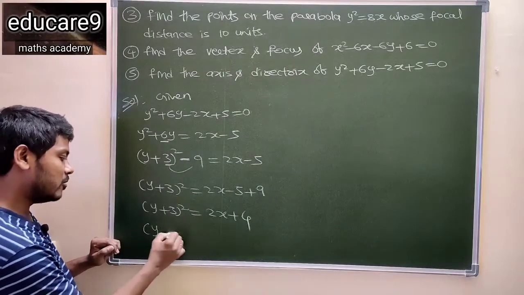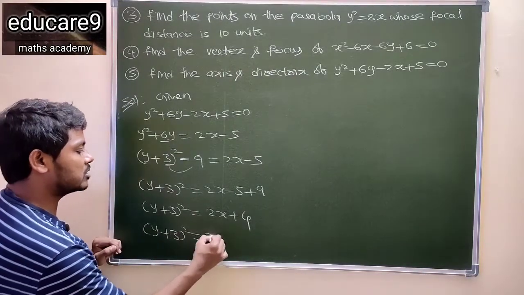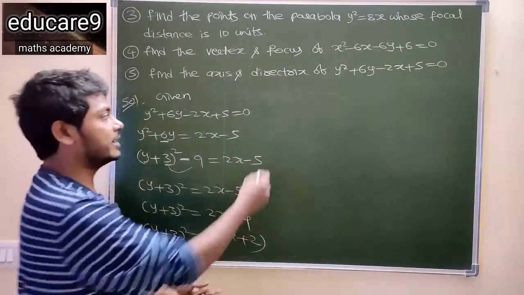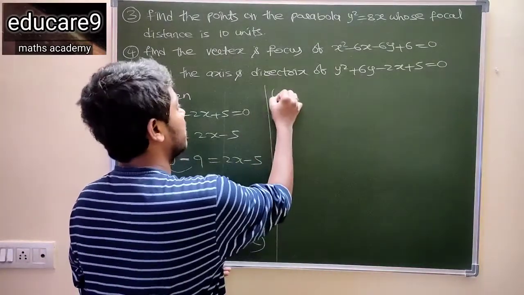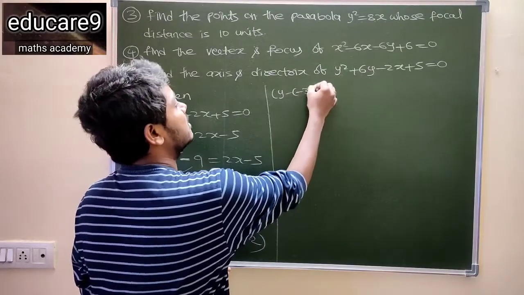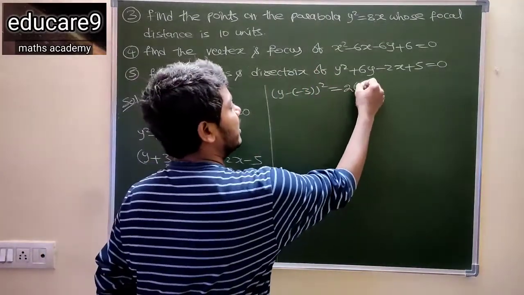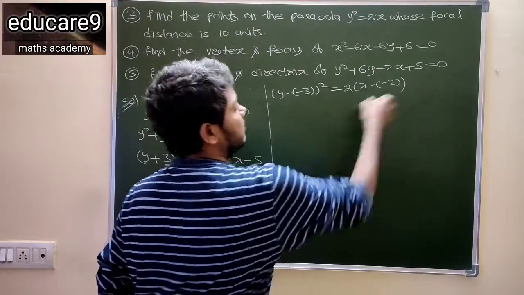Now again, (y + 3) whole square is equal to 2 into (x + 2). Again this can be written as (y - (-3)) whole square is equal to 2 into (x - (-2)).